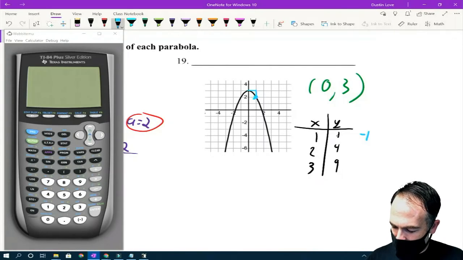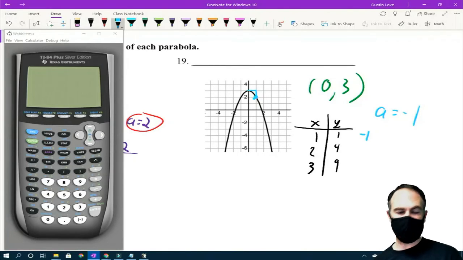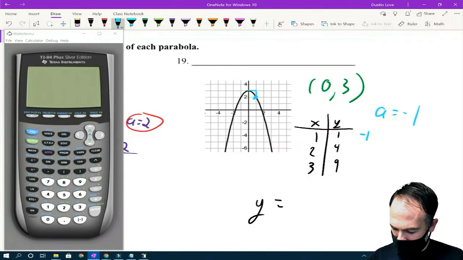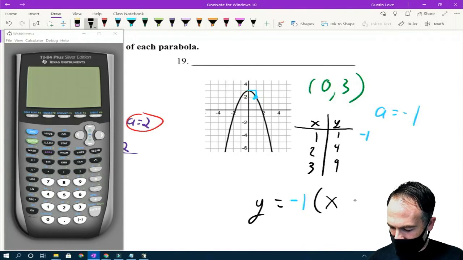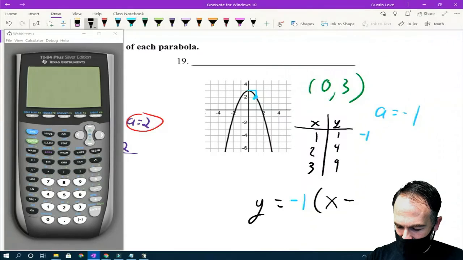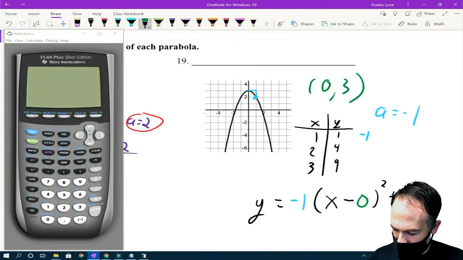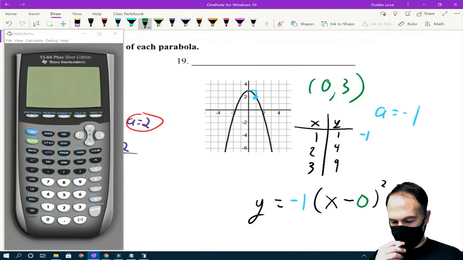So I have to multiply 1 times negative 1, so a equals negative 1. So now we plug in y equals a, so negative 1 times x minus h, which is my 0 value there, squared, plus k, which is 3.